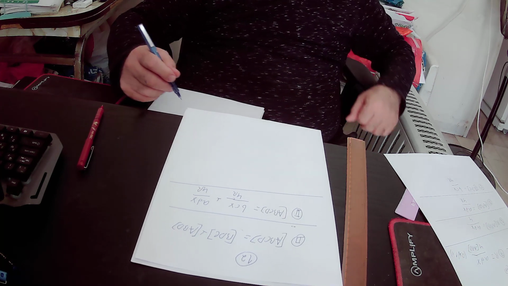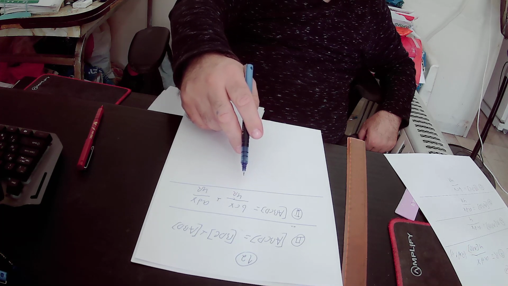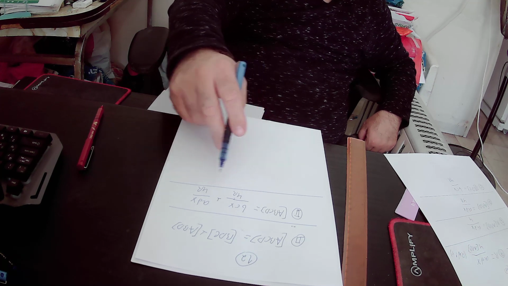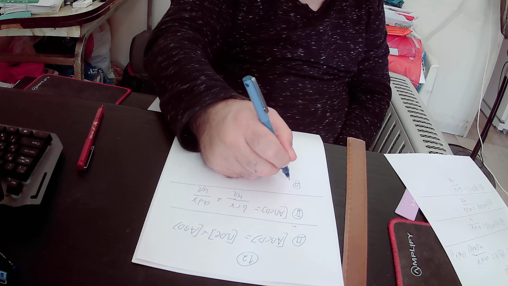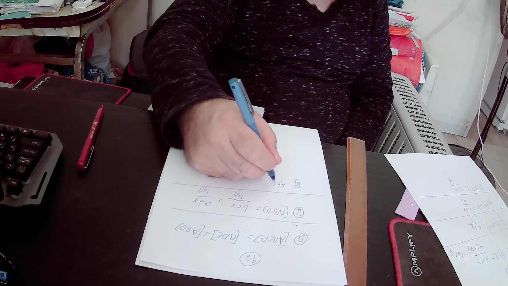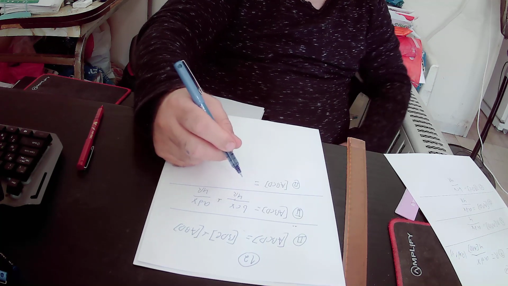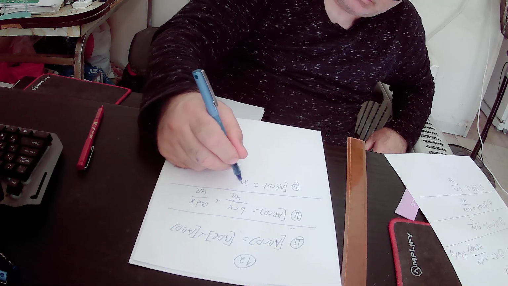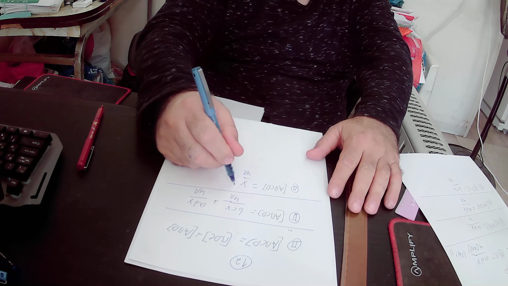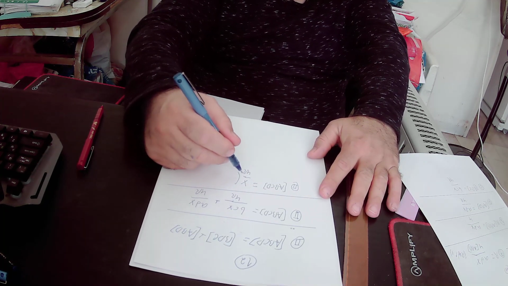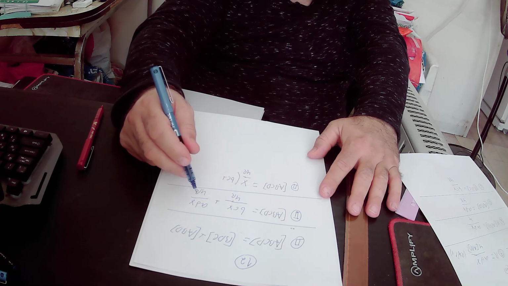Okay, here we will take out x over 4R as a common factor of those two expressions, and inside the brackets we will have BC and AD.